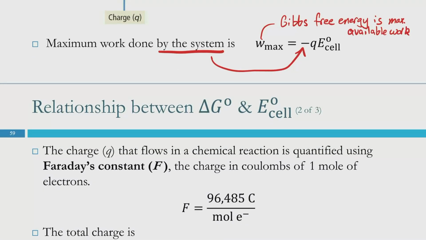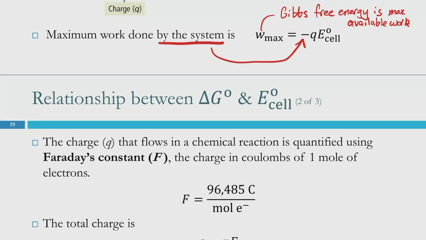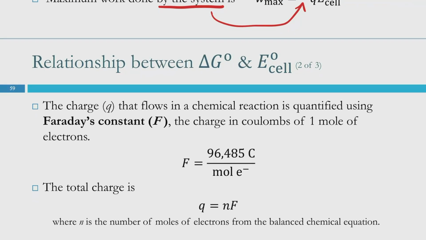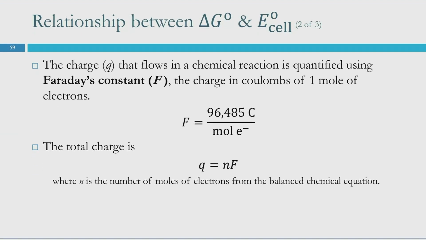We also get a new constant, and this new constant is Faraday's constant, F. So Faraday's constant, F, here is the charge of 1 mole of electrons. That's all that is.